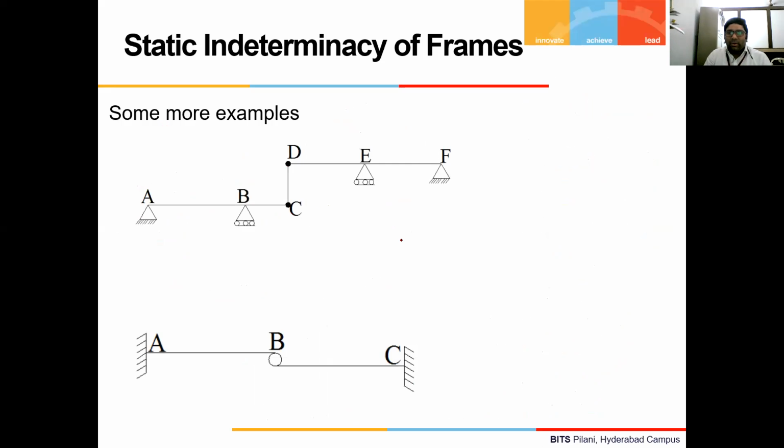Okay. Now, moving forward, see this interesting question. I will try to solve this before taking it further. This is a kind of a beam, a typical example. So I will write and then I will explain.